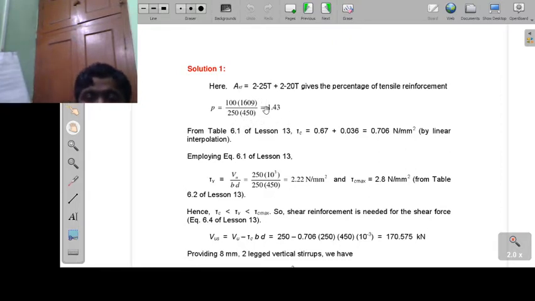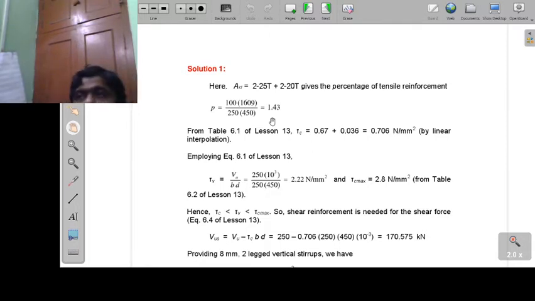Here it is done. The total area of Ast is 1609. Multiply this by 100 and divide by b into d. That is what we need in Table number 19. Open your code book and see Table number 19, which is given on page number 73.